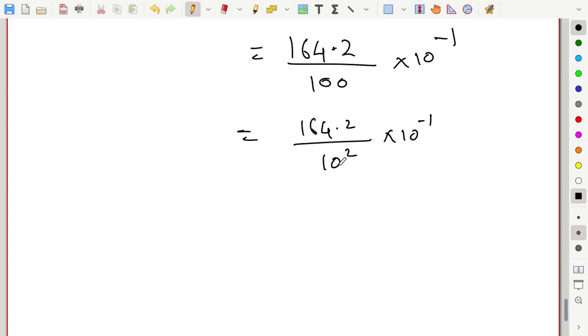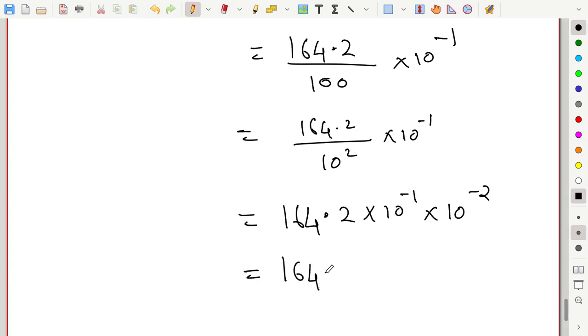If you bring this here, it will become 164.2 into 10 power minus 1 into 10 power minus 2. If this comes to the numerator, it becomes 10 power minus 2. Since the bases are the same, we can add the powers. Therefore we get 164.2 into 10 power minus 3.